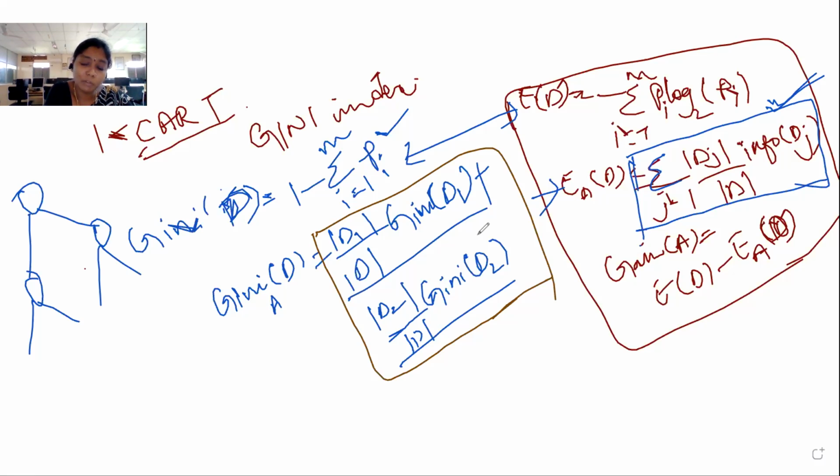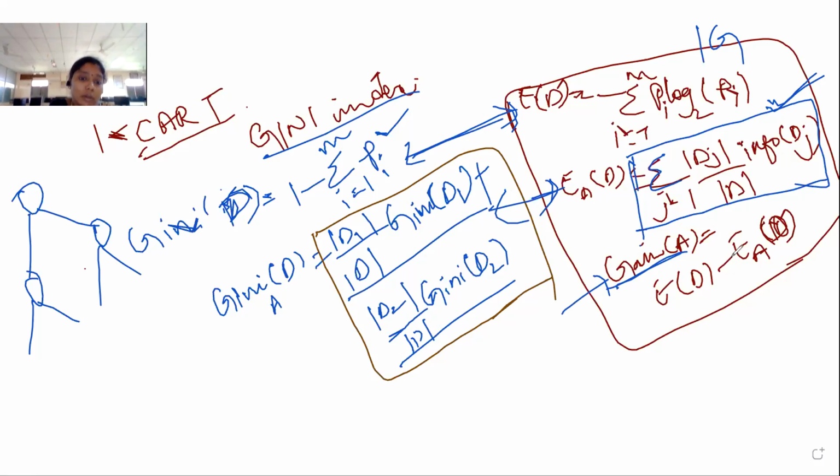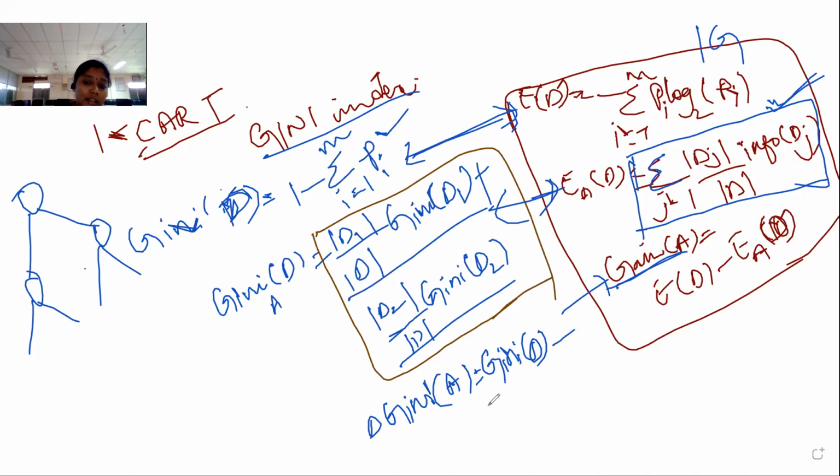Then how do we get the gain for this? This formula is equivalent to the one in information gain. This is the Gini index, and this one is equivalent to that. What is this? The total entropy we have reduced, that means the total variance we have reduced from the data set. So here also the total variance reduced is the Gini index of the entire data set minus the Gini index of the split. Just like we expanded entropy of the entire data set minus entropy of the split, here also we have Gini index of the entire data set minus Gini index of the split.